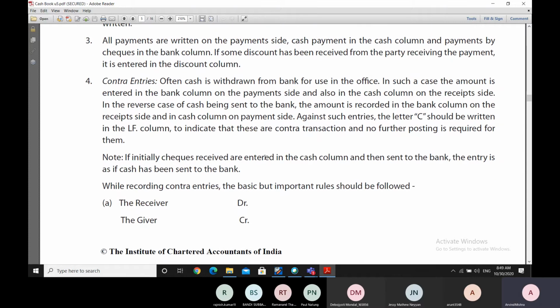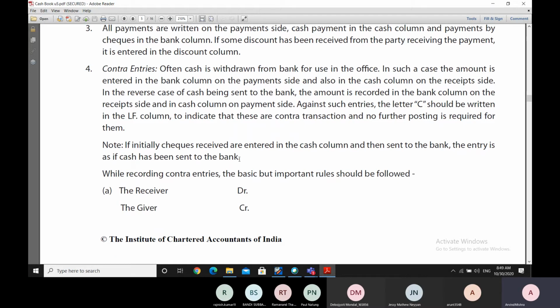This point is important: when we receive the checks, we can enter them in the form of a contra entry as if cash has been sent to the bank.